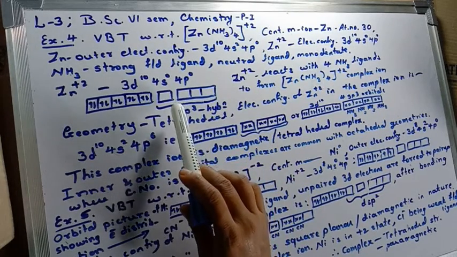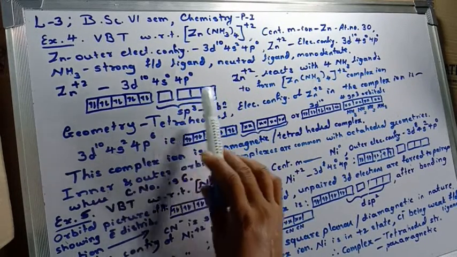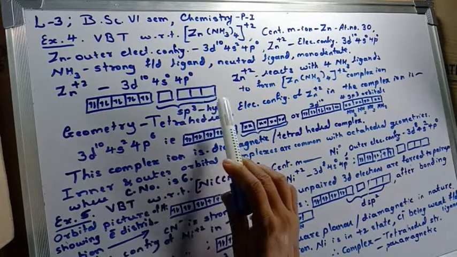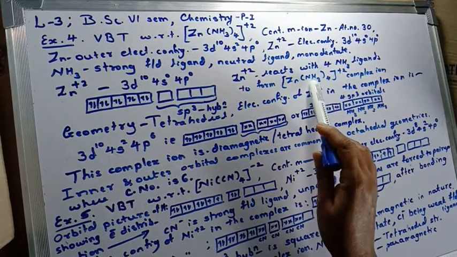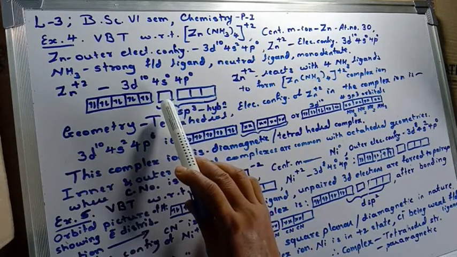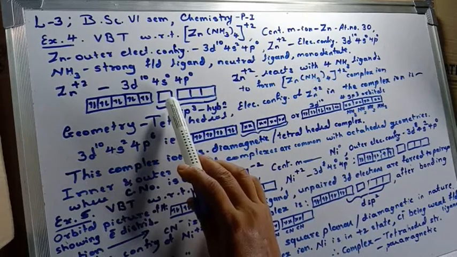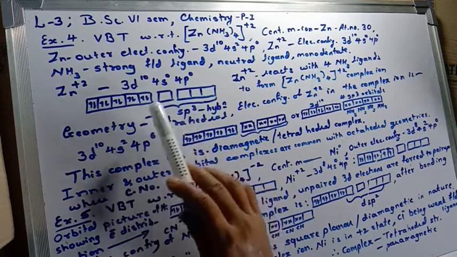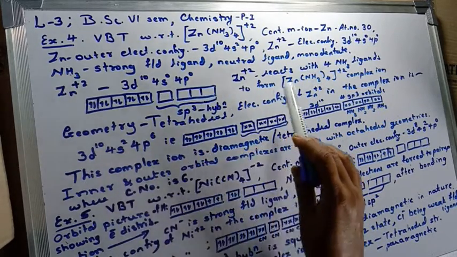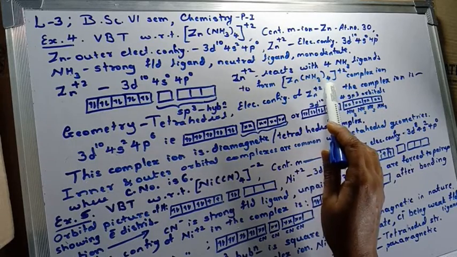According to the second postulate, they undergo hybridization, and here the type of hybridization is sp3. When the NH3 ligands approach and interact with the Zn, the filled sigma orbital of NH3 overlaps with the empty hybrid orbitals of the metal ion, thereby resulting in this complex, that is Zn(NH3)4.